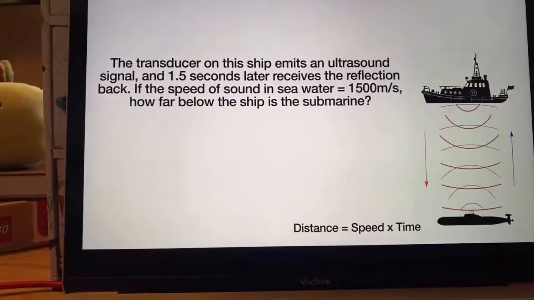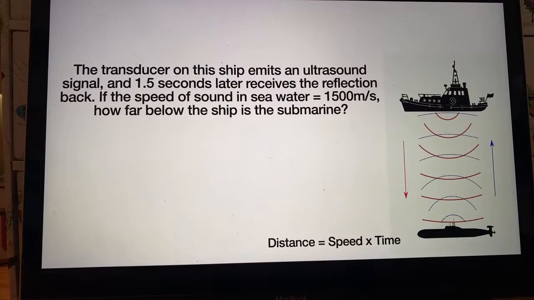Let's have a little look at how it works, because they probably won't ask you about a toy hitting your ceiling. Here's a ship. The transducer on this ship emits an ultrasound signal, and 1.5 seconds later receives the reflection back. If the speed of sound in seawater is 1,500 metres per second, how far below the ship is the submarine?